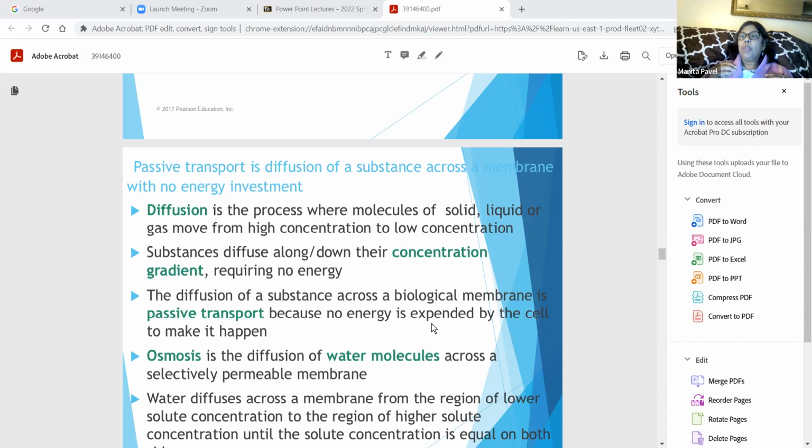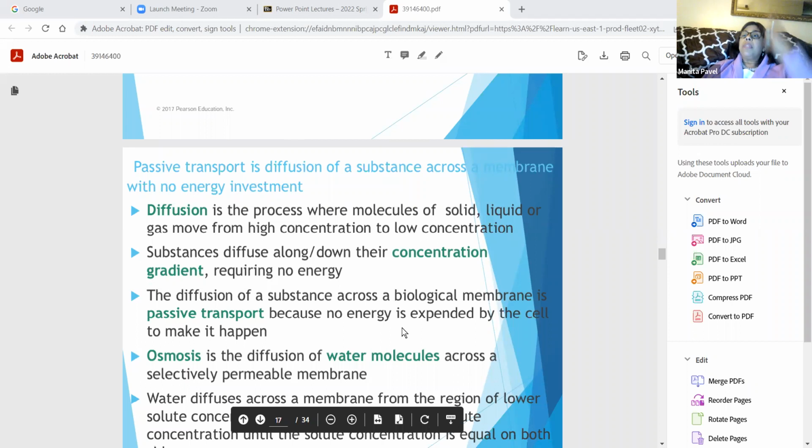Somebody enters the room from another room and says, wow, I'm getting a nice perfume smell. It's because of the gaseous movement of the molecules. So we've talked about all three scenarios: diffusion of a solid, a liquid, and a gas. And that's one type of passive transport.